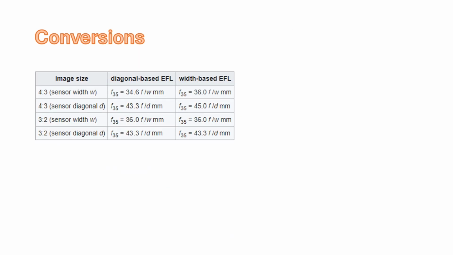The conversion factors of this depend on the sensor geometry. Here we see various sensor formats, 4/3 and 2/3 sensors, and whether you measure the 35 millimeter size along the diagonal or the width. But basically you would take the 35 millimeter sensor size divided by the dimension of the actual sensor that you're using, multiply the actual physical focal length by that factor, and you get the 35 millimeter equivalent focal length.